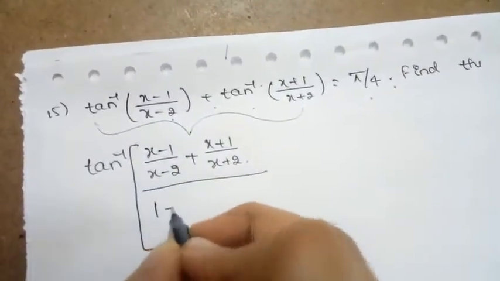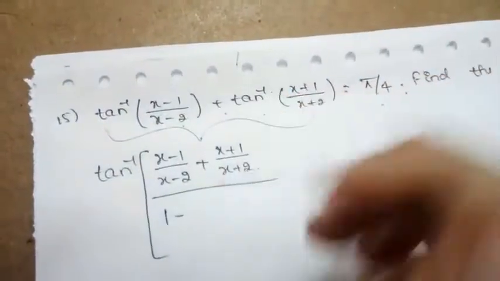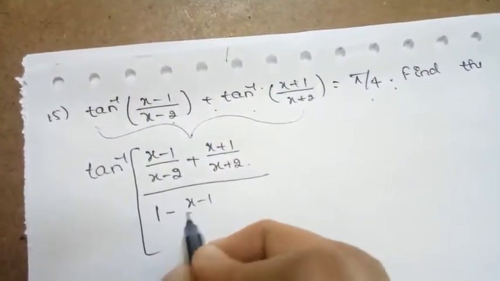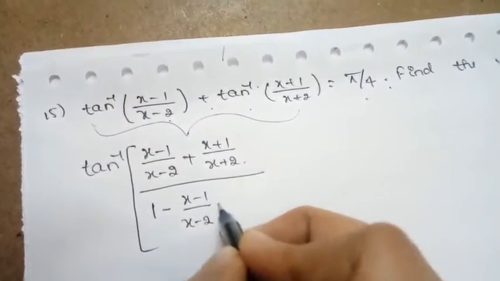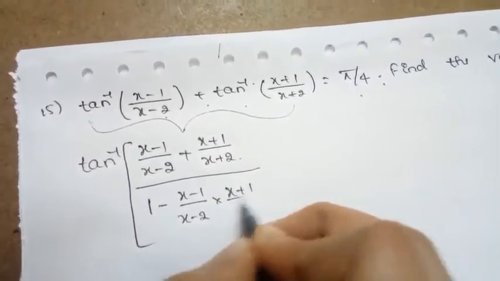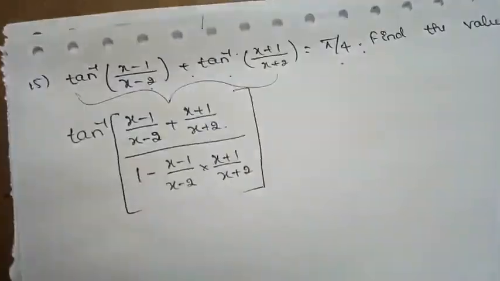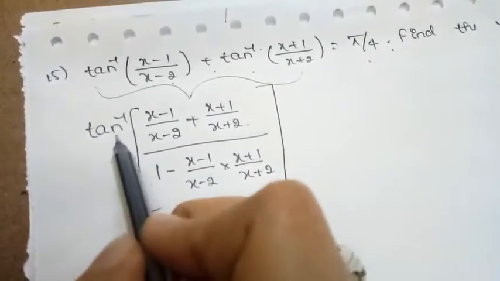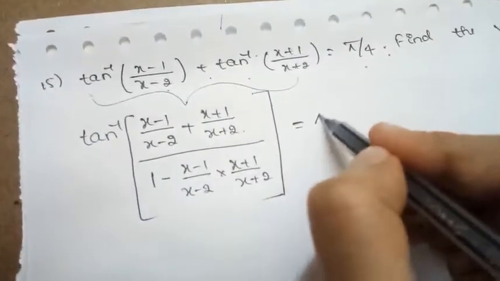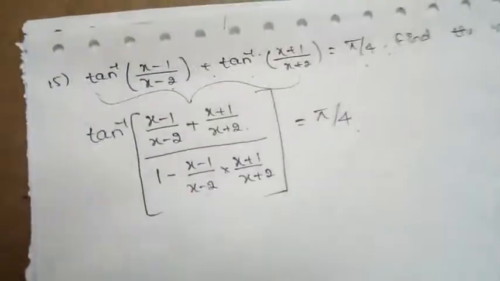So (x minus 1) divided by (x minus 2) into (x plus 1) divided by (x plus 2). Okay, so now we need to solve this one. This one is equal to pi by 4.